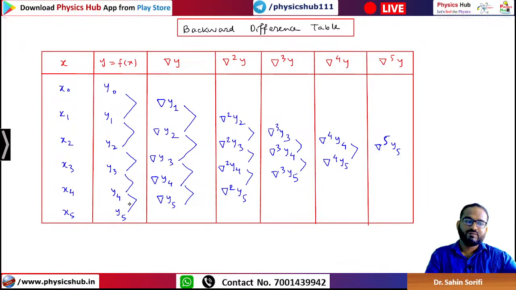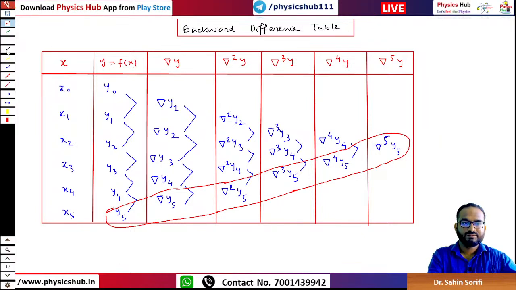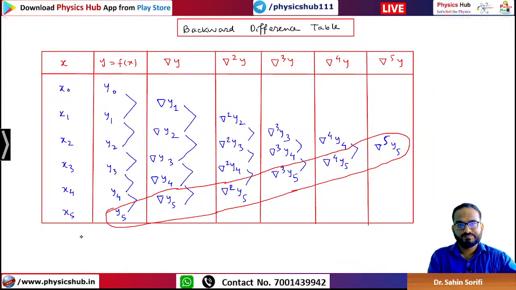So in the backward difference table, we will be requiring these values at the end of the table: y5, nabla y5, nabla square y5, nabla cube y5, nabla to the power 4 y5, nabla to the power 5 y5. You require these. Nabla y5 equals y5 minus y4.